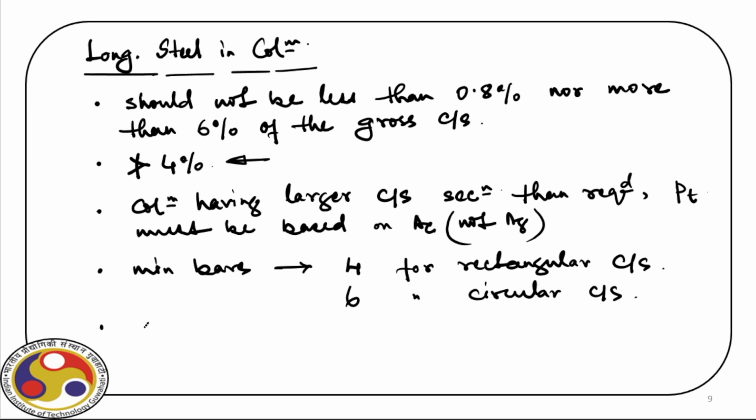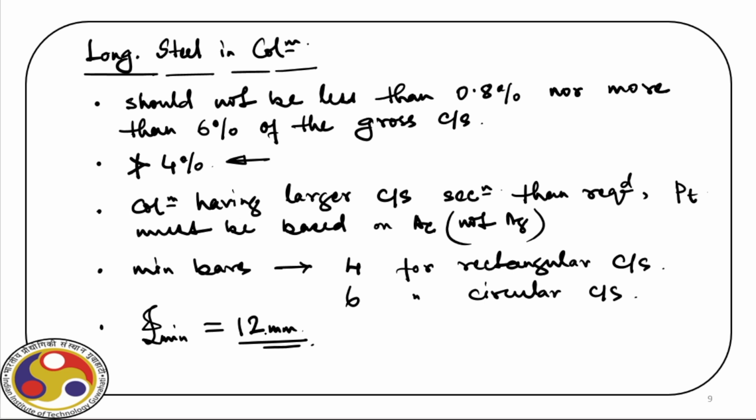Finally, the minimum diameter of the bar in longitudinal steel is 12 millimeter. So these are the codal provisions that we have, and in design we must satisfy all these requirements.